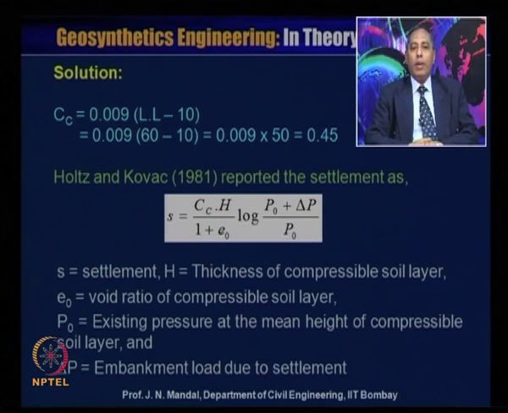Now, Holtz and Kovacs 1981 reported the settlement as S is equal to Cc into H divided by 1 plus e0 into log of P0 plus delta P by P0, where S is equal to settlement, H is equal to thickness of compressible soil layer, e0 is void ratio of compressible soil layer, and P0 is existing pressure at the mean height of the compressible soil layer, and delta P is the embankment load due to the settlement.